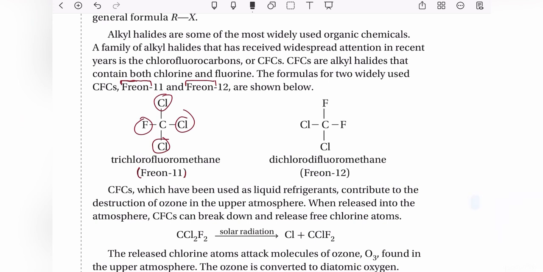So CFCs, which have been used as liquid refrigerants, contribute to the destruction of ozone in the upper atmosphere. When released into the atmosphere, CFCs can break down and release free chlorine atoms.